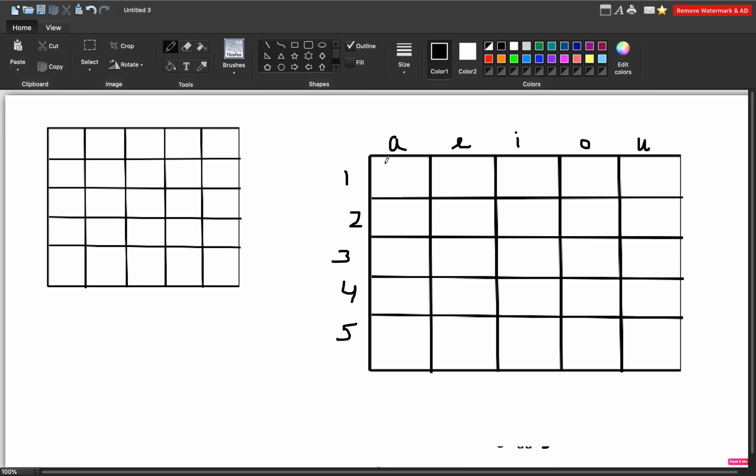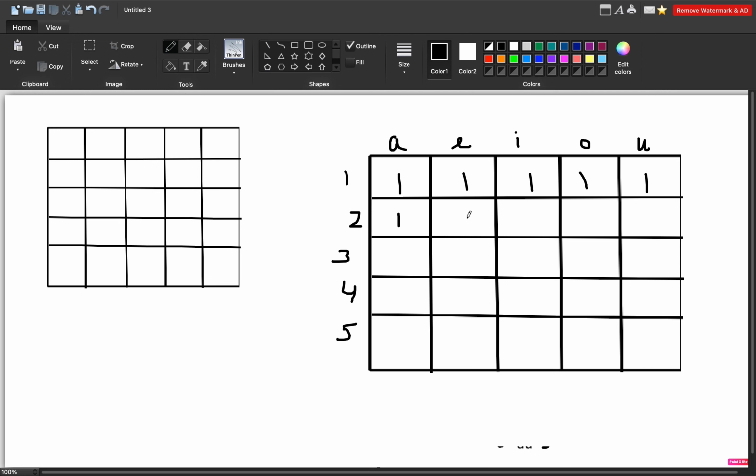We did know that for n equal to 1, all the counts were 1, 1, 1, 1, 1. Similarly, when n is equal to 2, the strings ending with A will be this one only, because it is a base case.